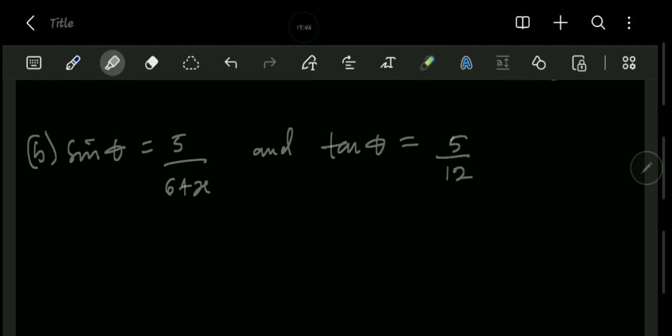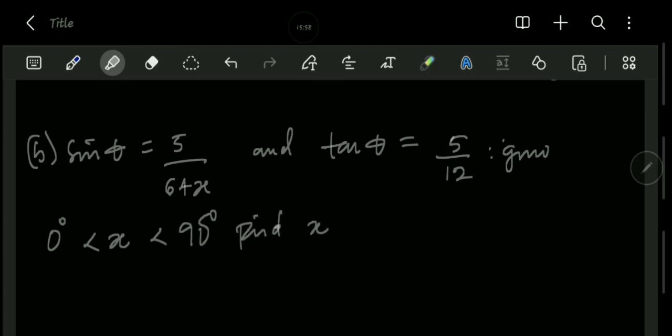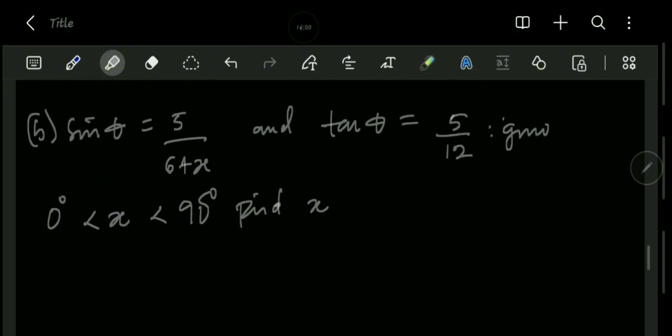I'm asked to find x, given that 0 degrees is less than x and x is less than 90 degrees. For this question, there are two ways of going about it, but I love going about it the long way, showing my full workings. It shows that you know what you are doing.